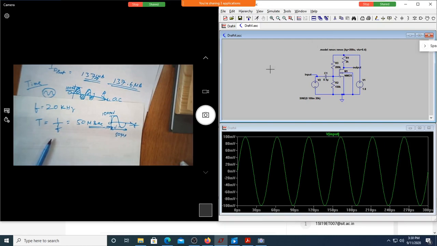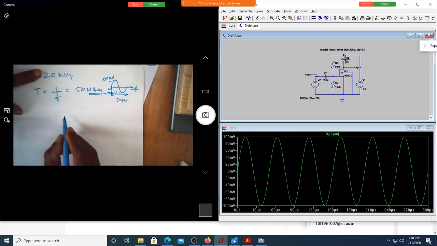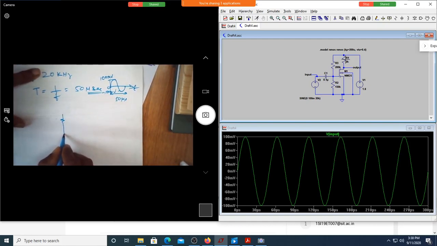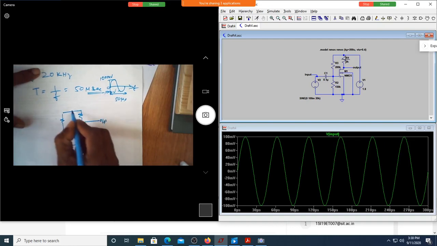Now, how much was the actual current flowing? 137 microampere. Then what will be the drop here? We have a circuit like this, and we are measuring the output here. This is 1.8 volt.